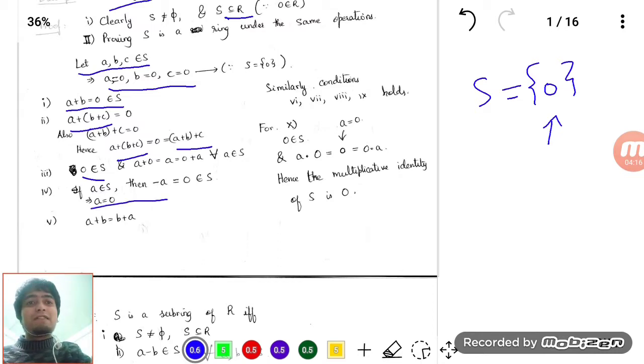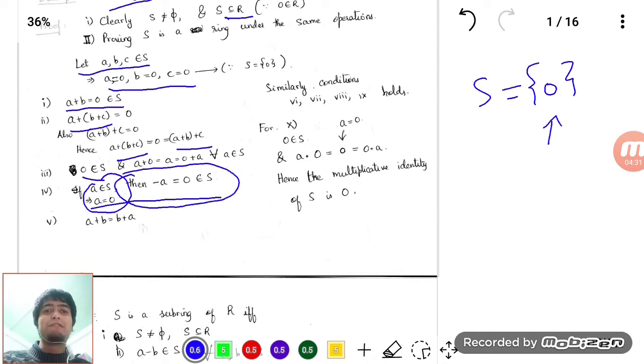If A belongs to S, then A equals 0, hence minus A equals 0, which also belongs to S. A plus B will also be equal to B plus A, because A and B are 0, so both will be equal to 0.